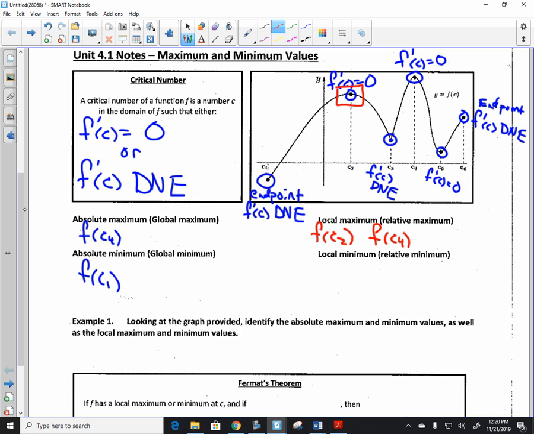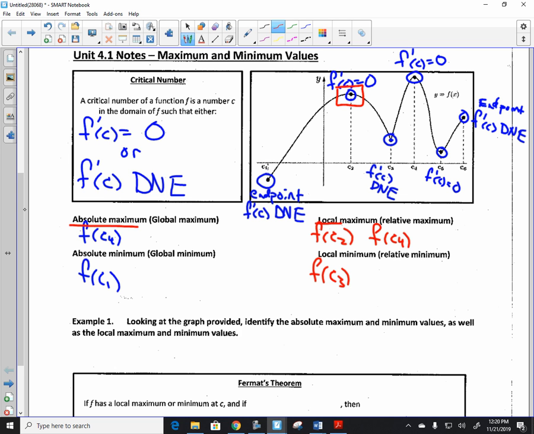The terms that I'll use moving forward are absolute and local. I don't tend to use the words global and relative, but without a doubt, the AP exam may choose to use either. And finally, the local minimums, f of c sub 3.